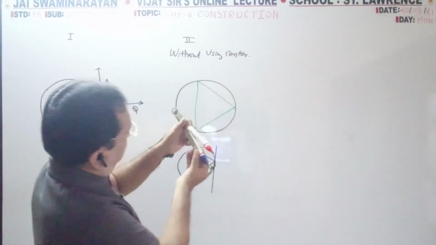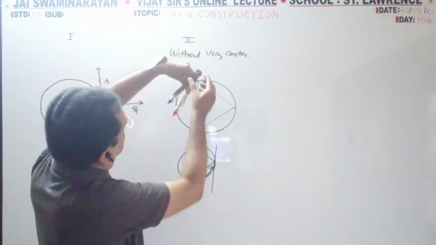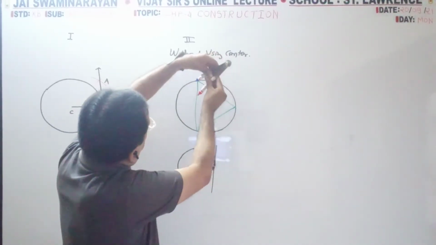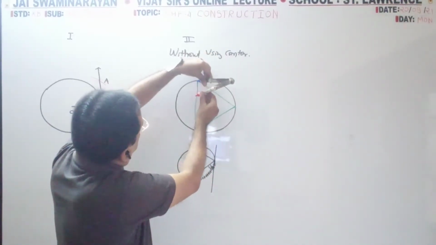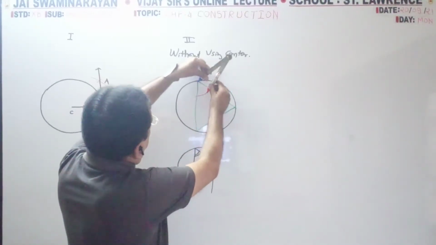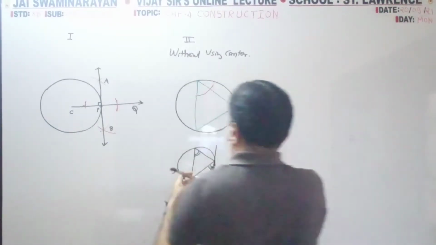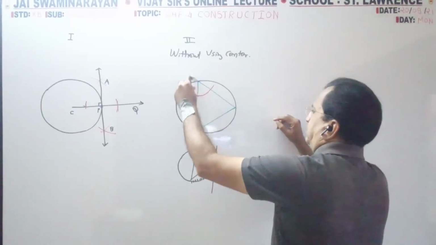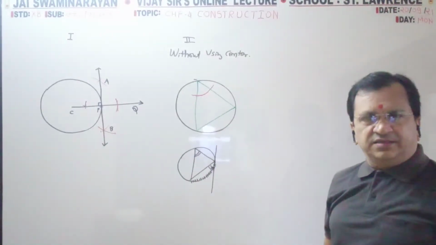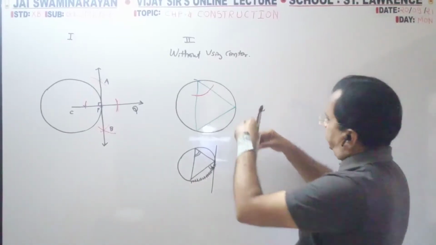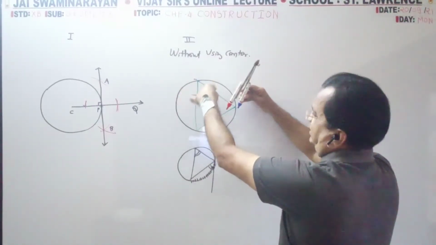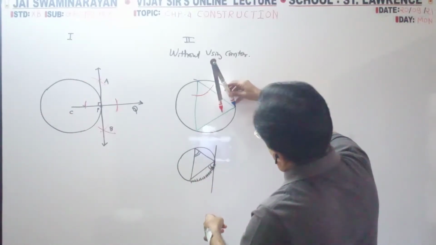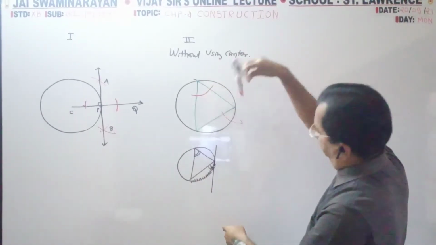One arc from here, this point, like that. One arc, the same arc. This is inside the triangle, this is outside the triangle. Correct?